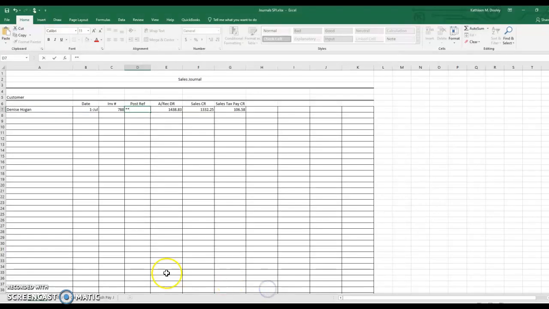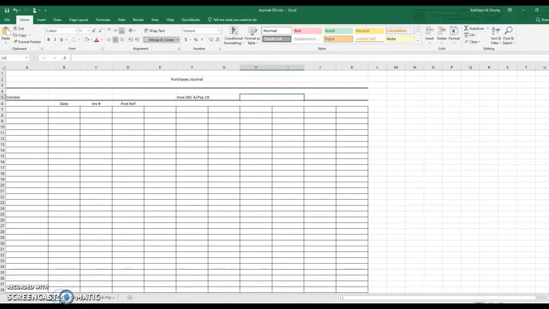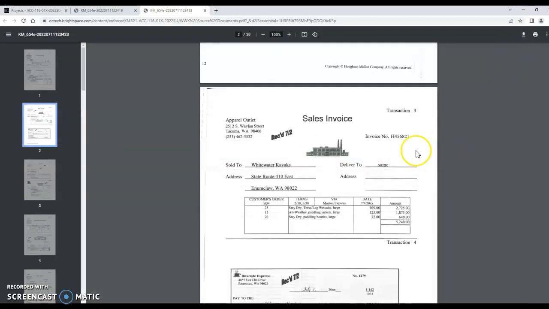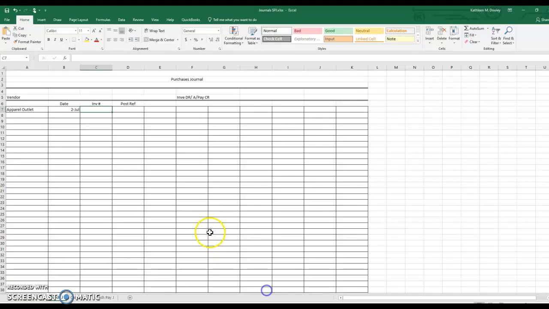Okay, so we're going to go to our purchases journal, and the vendor is Apparel Outlet. And this is July the 2nd. And the invoice number is H456821.